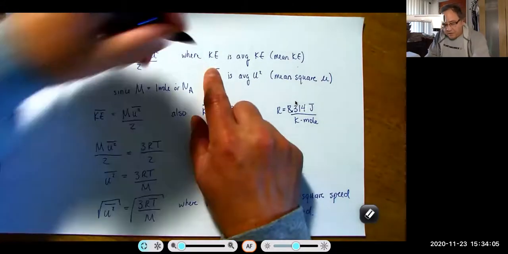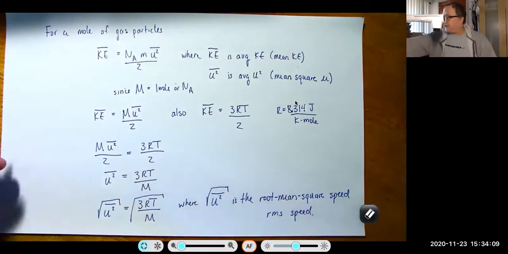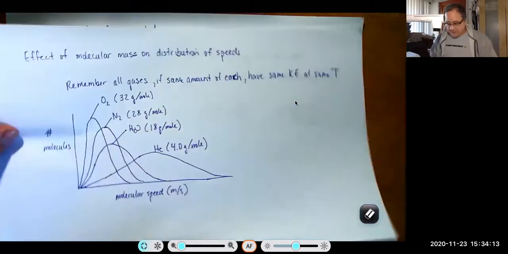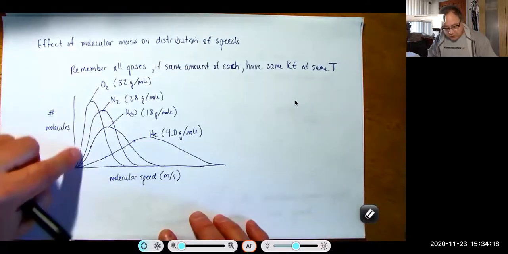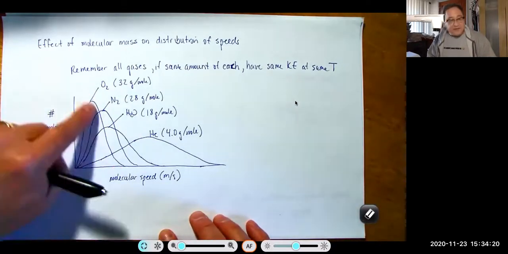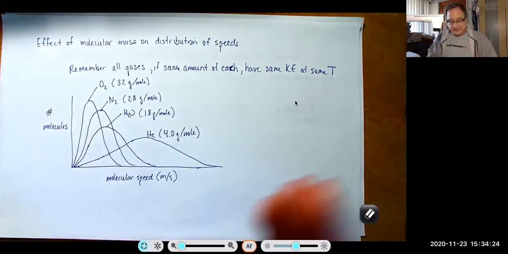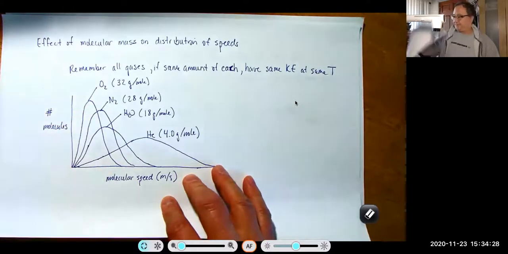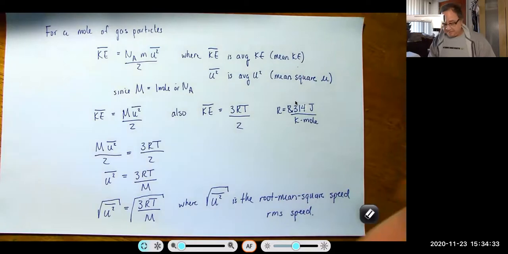The bar over the KE means that we're looking at the average kinetic energy, because if we take a look at this previous plot, you'll notice that when we look at a molecule, let's just focus on O2 here, they don't all have the same velocity. There's a distribution of velocities. So we're looking at the average of all of these together, or the mean, as we would say.